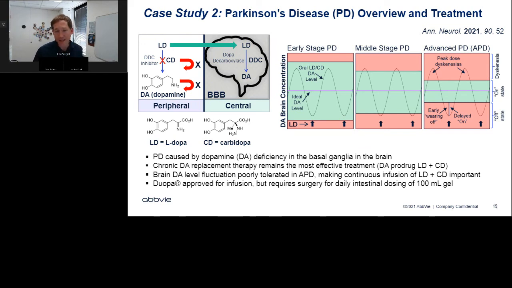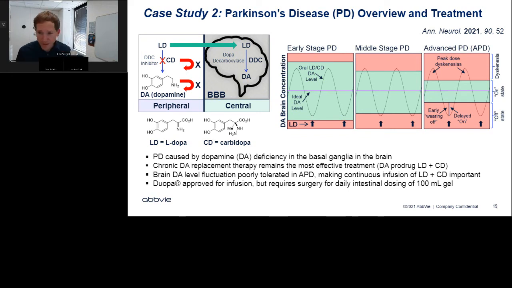And the problem with that is that high levels of levodopa can cause dyskinesias, undesirable side effects, especially as the disease progresses to advanced Parkinson's. And low levels, of course, also have problems because you don't have enough dopamine. So you get this early wearing off or delayed on time period phenomenon. So because of this, it's very beneficial to sustain a constant level of levodopa.